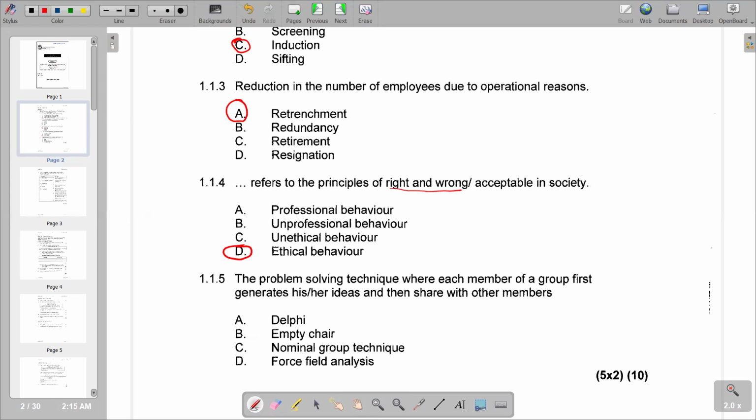So the essence of determining what is right and wrong makes ethical behavior the correct response.